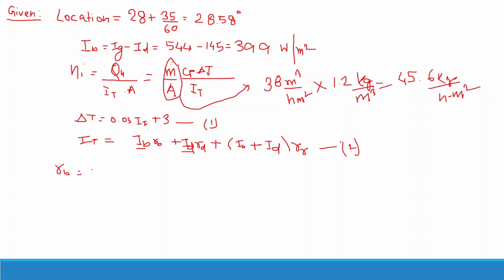So RB equal to cos theta upon cos theta z.